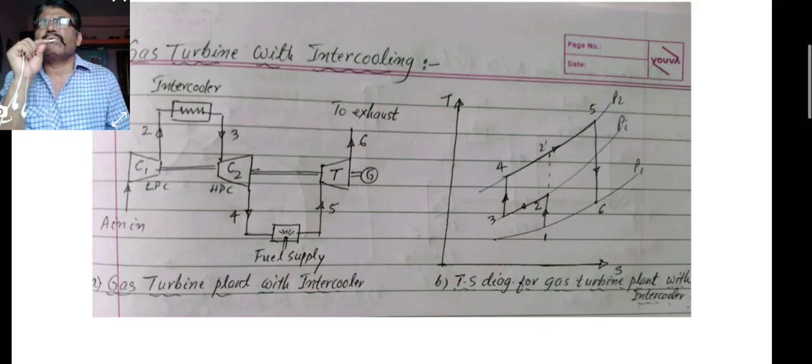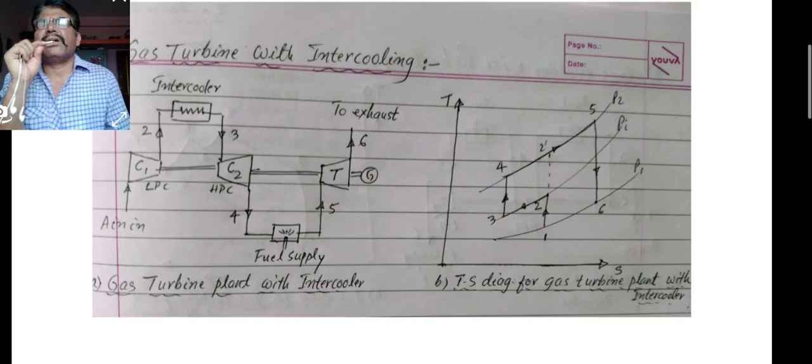What is the main function of the intercooler? Let us understand with the help of the TS diagram. 1 to 2, the low pressure compressor, it means the temperature increases. Then 2 to 3, what is the function of the intercooler? It decreases the temperature again, so that the hot compressed air is not carried forward. So next 3 to 4 is the high pressure compressor, again the temperature increases. Then 4 to 5, the fuel supply is there.